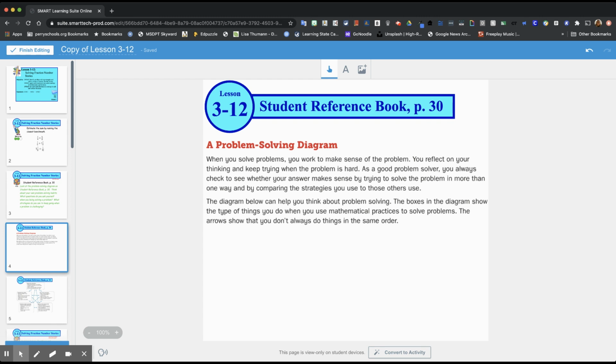The diagram below can help you think about problem solving. The boxes in the diagram show the type of things you do when you use mathematical practices to solve problems. The arrows show that you don't always do things in the same order.